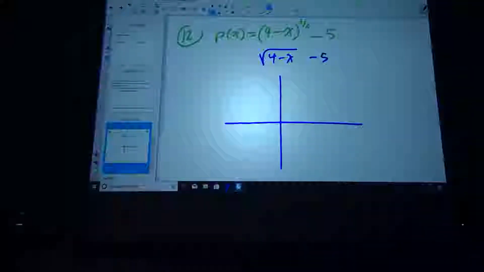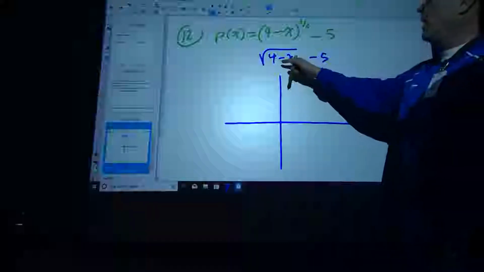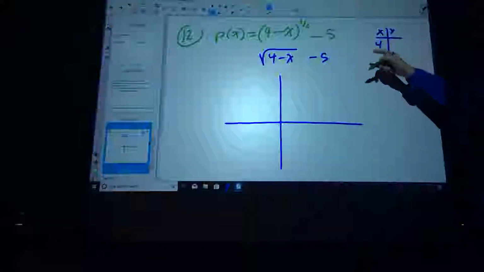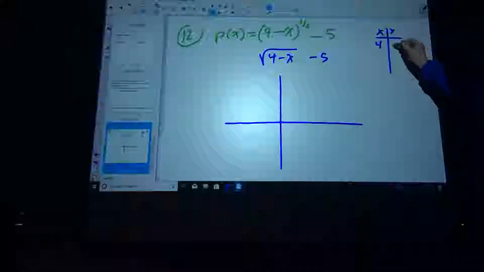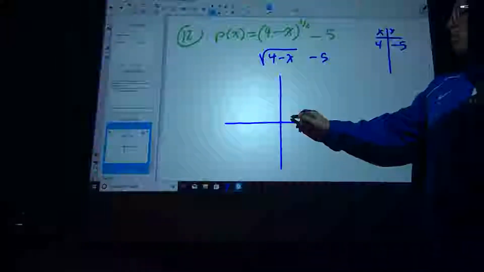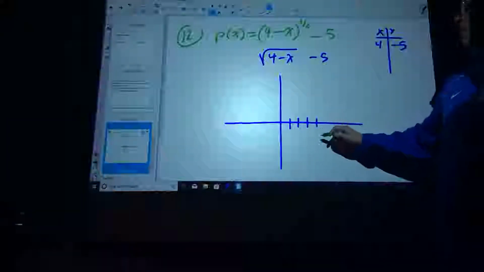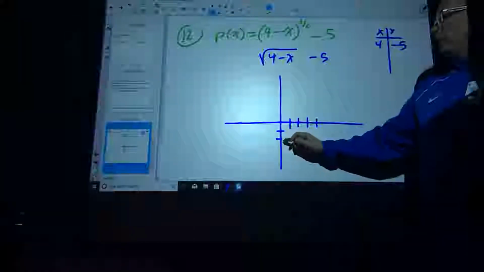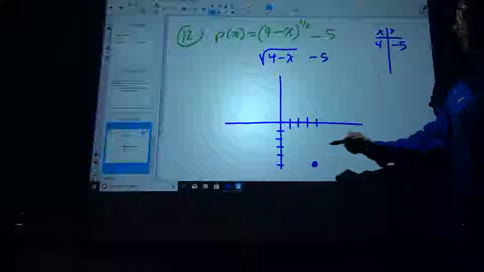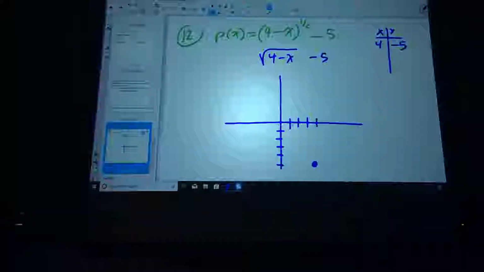If I plug 4 in for x, I get 0 minus 5, so I get 0, negative 5. Okay? So I'm going to go 1, 2, 3, 4, and 5. That's my starting point. So this shifted right.